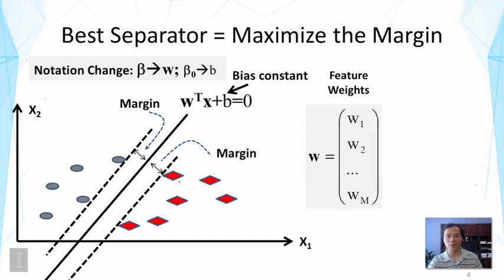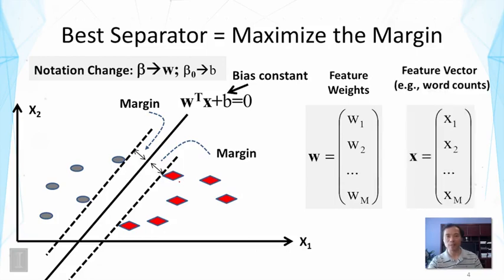With one weight for each feature, we have m features, and so we have m weights, and they're represented as a vector. And similarly, the data instance here, the text object, is represented by also a feature vector of the same number of elements. xi is a feature value, for example, word count.